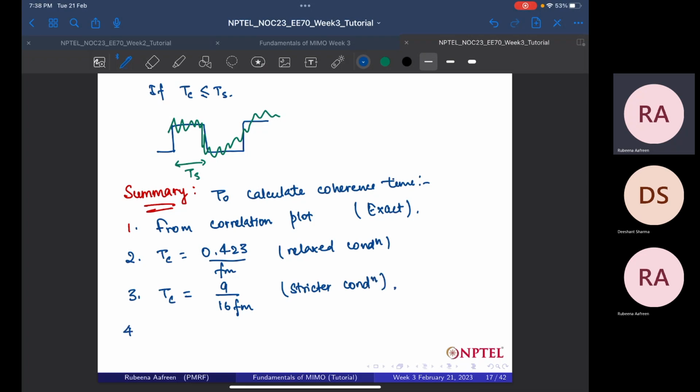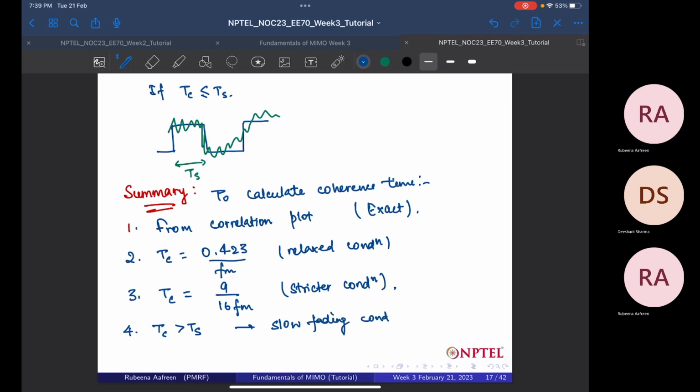Then other thing is if Tc is greater than Ts, then it will lead to a slow fading scenario. And if Tc is less than or equal to Ts, then this will lead to fast fading.